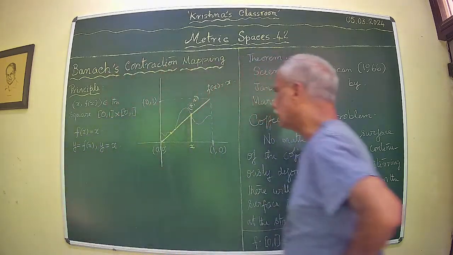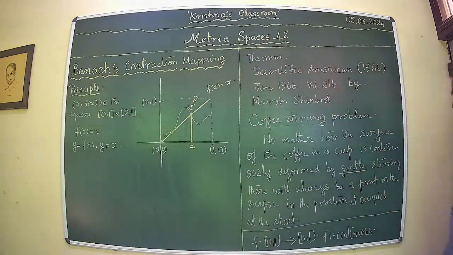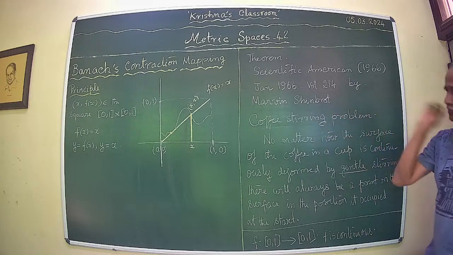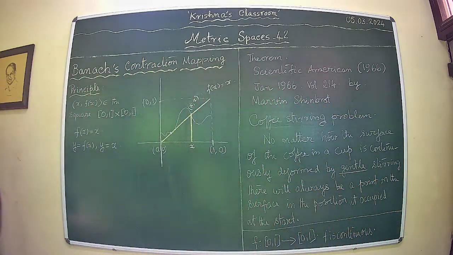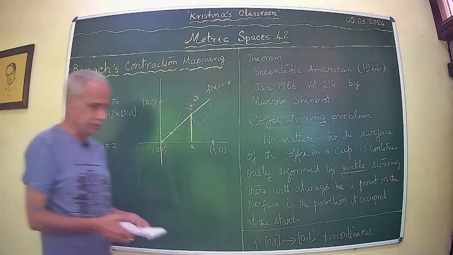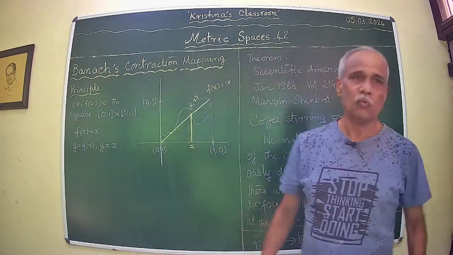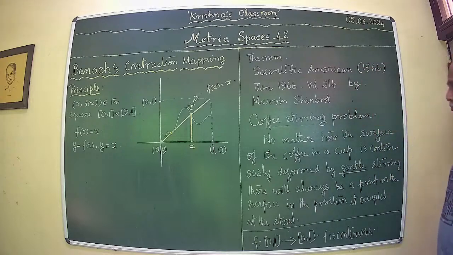There are other points here which have the same property. So, obviously, you can have continuous functions defined from [0, 1] to [0, 1] having more than one fixed point. That's clear.